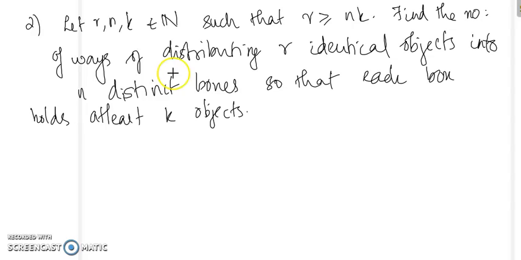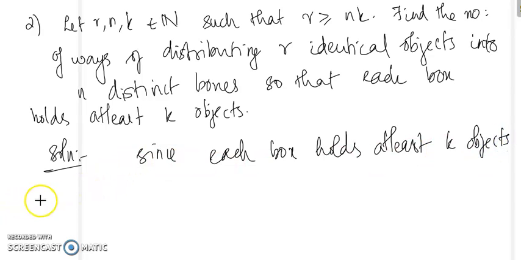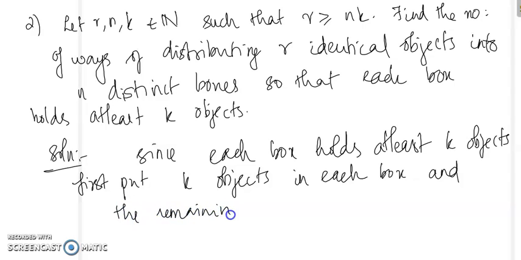So first the solution is, since each box holds at least k objects, so first put k objects in each box and the remaining, so remaining there will be r minus nk objects.